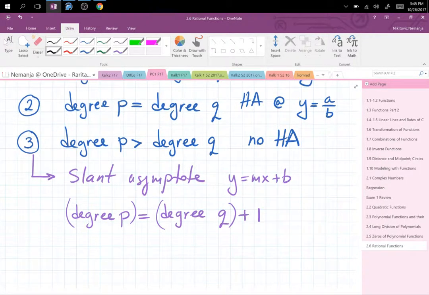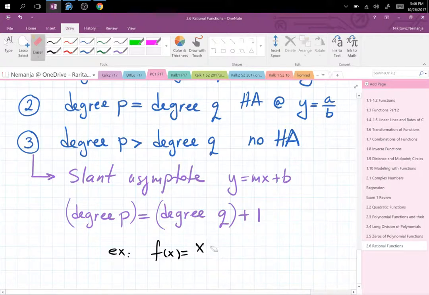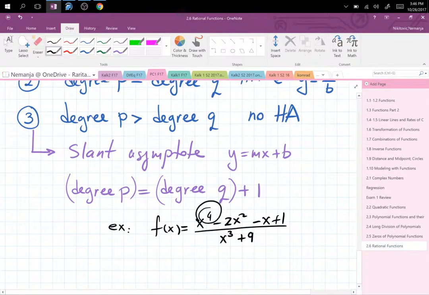An immediate example for something like this would be f of x equals x to the 4th minus 2x squared minus x plus 1 divided by x cubed plus 9. You see that the highest degree in the numerator is 4, and the highest degree in the denominator is 3.